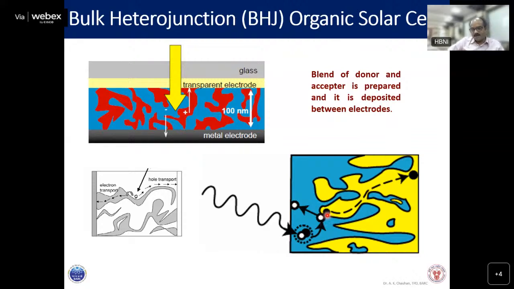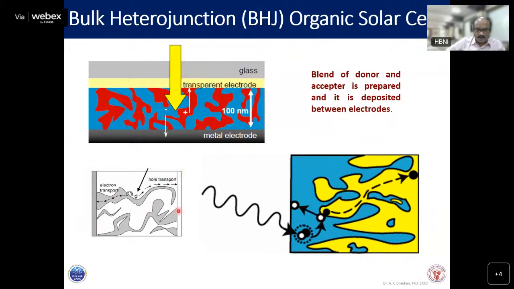Now at this boundary, the electron and hole pair will be separated, and this electron will move towards the electrode through the acceptor material, and here the hole will move through the donor material. So the same thing is shown here.